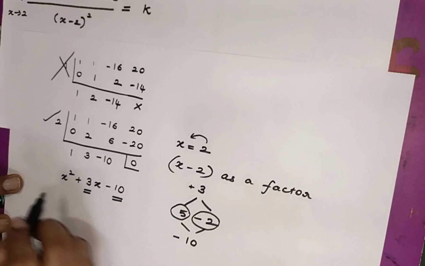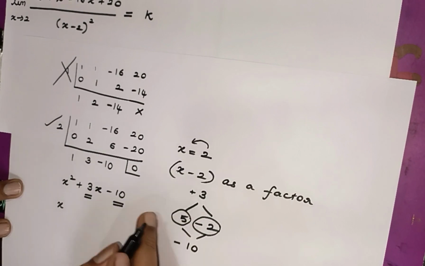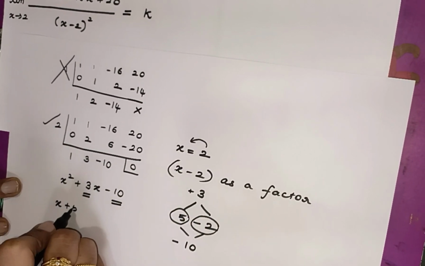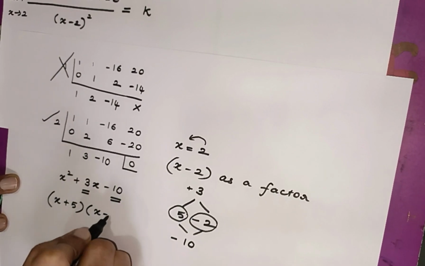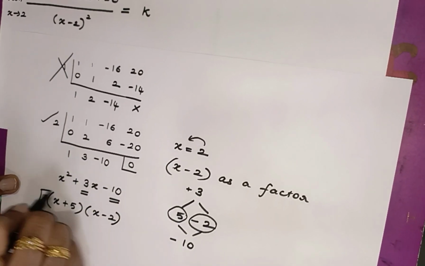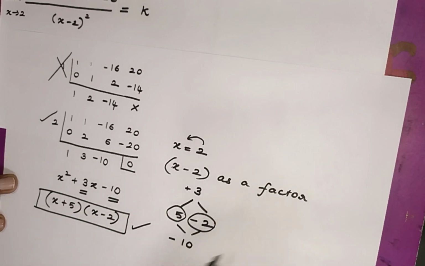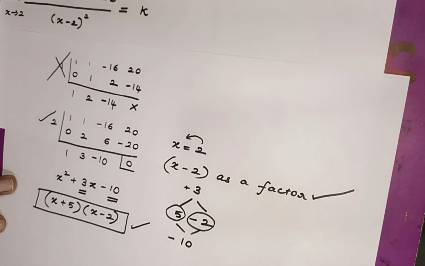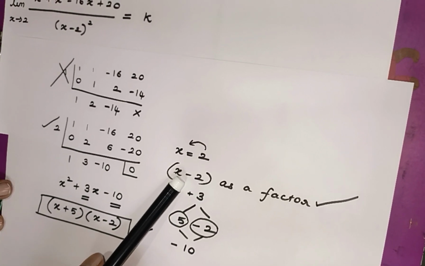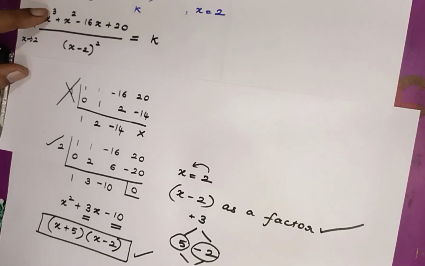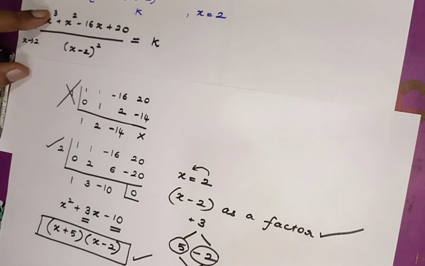We just substitute x in front of these numbers to convert them into factors. So x plus 5 into x minus 2. These two are another two of the factors in this question. So we have obtained these two factors and this one as another factor. For a cubic equation, we will get 3 factors. We have obtained all 3 factors.